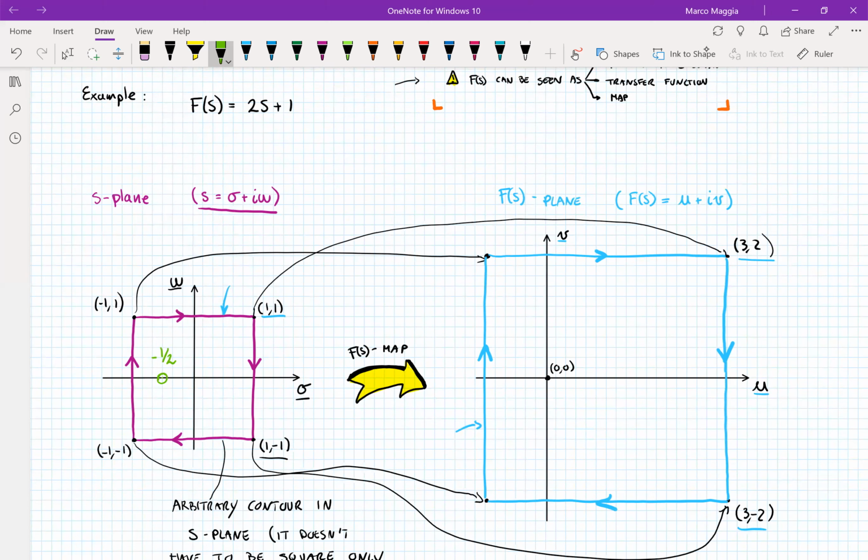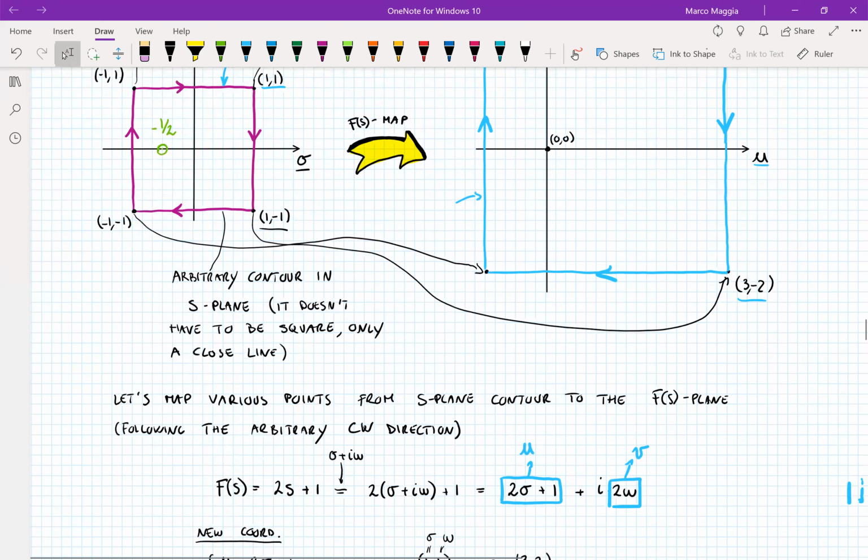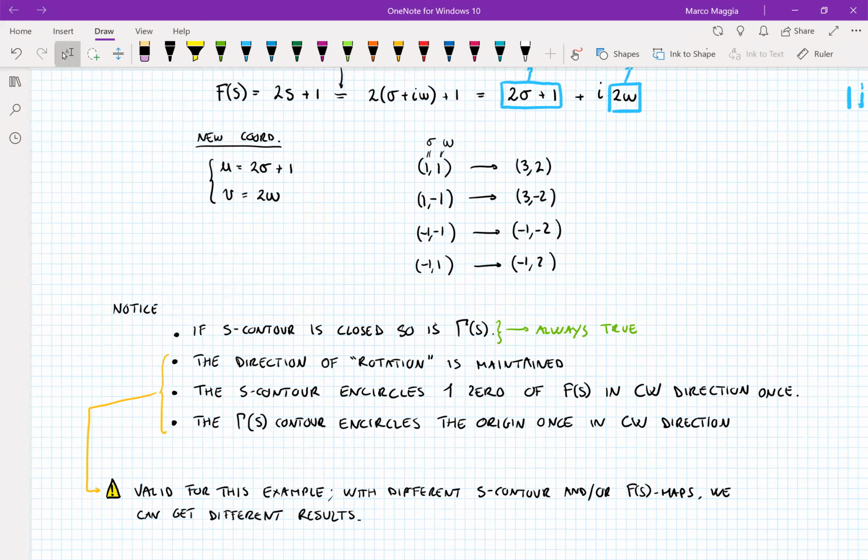Now let's draw a few considerations based on this specific example, and let's see if we can generalize these considerations and find a rule. So for this example, we saw that we started with an S contour that is closed, the original purple square, and we ended up with a closed contour in the f of s plane.